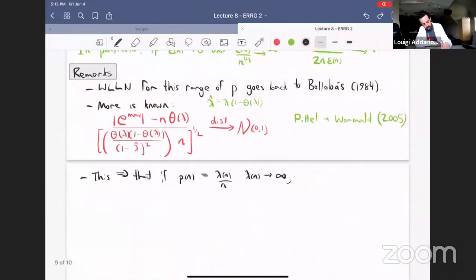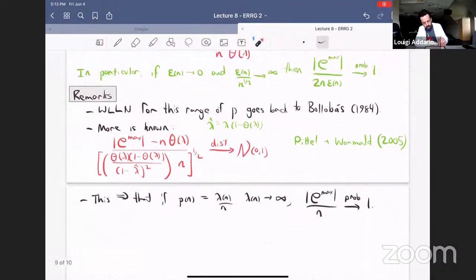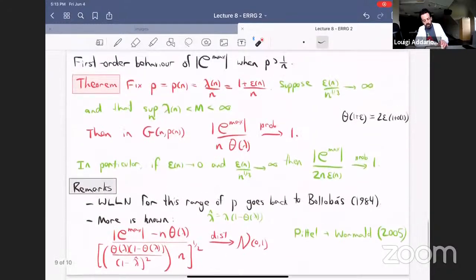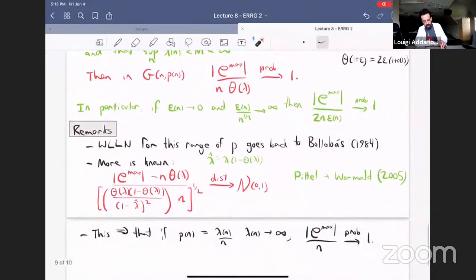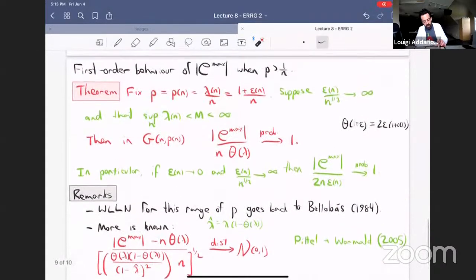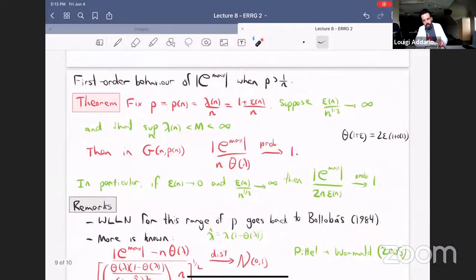Together those facts imply that the size of the largest component divided by n converges in probability to 1. So this straightforward coupling, which says that when you increase p the largest component gets larger, together with this result, tells you what happens for larger p. So this upper bound restriction really isn't much of a restriction. It'll just be useful in the proof.